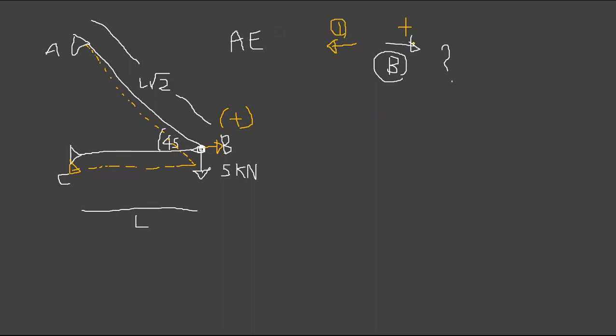It doesn't matter. Always take tension positive, or else the direction where the member is elongated is positive. That is again tension positive.